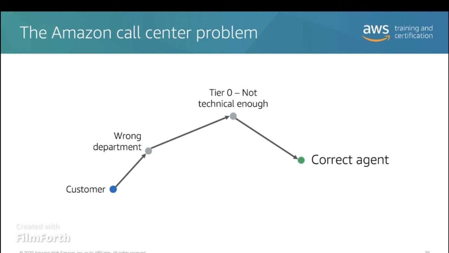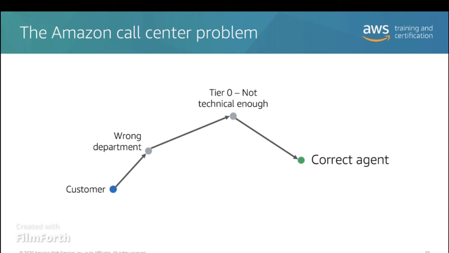During the problem formulation phase of the pipeline, Amazon determined that the current routing system was problematic. Thinking about Amazon, you may be able to guess that we do sell a lot of stuff here, and so the list of things a customer might be calling us for is, well, just about endless.